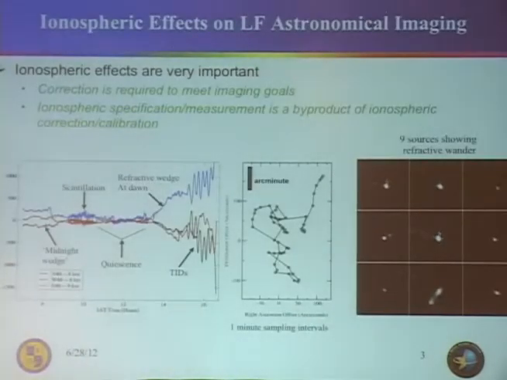Now, this is a slide that people have probably seen pieces of before at various meetings. It is a set of measurements made with the VLA down here in southern New Mexico. This is looking at a single bright source on the sky, and effectively that back-illuminates the ionosphere. You're seeing the positions of 3 antennas separated by 8 kilometers along each of the 3 arms, roughly northerly, southeast, and southwest.